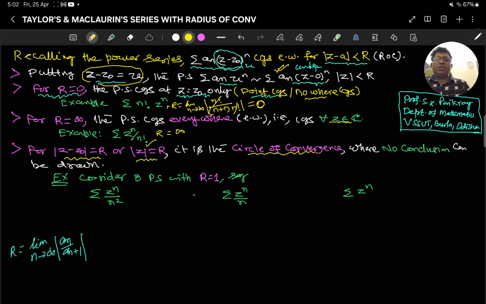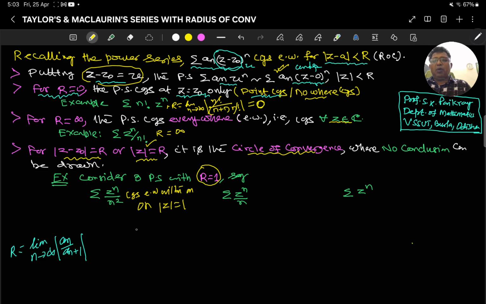Now we consider 3 power series. In all these cases the radius of convergence is 1. Now this first case converges everywhere within and on the circle |z| = 1.